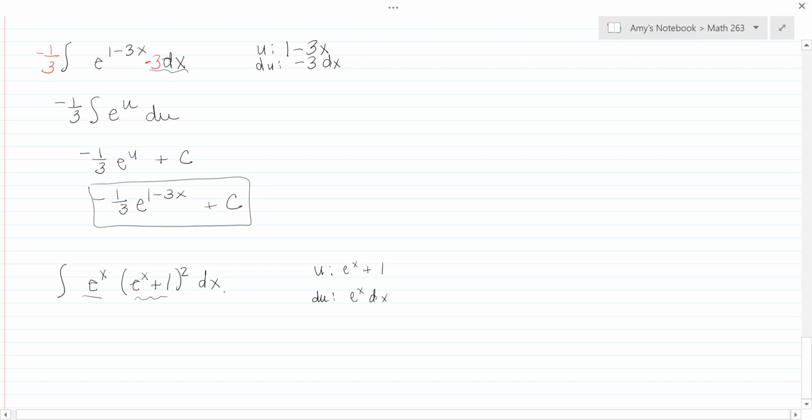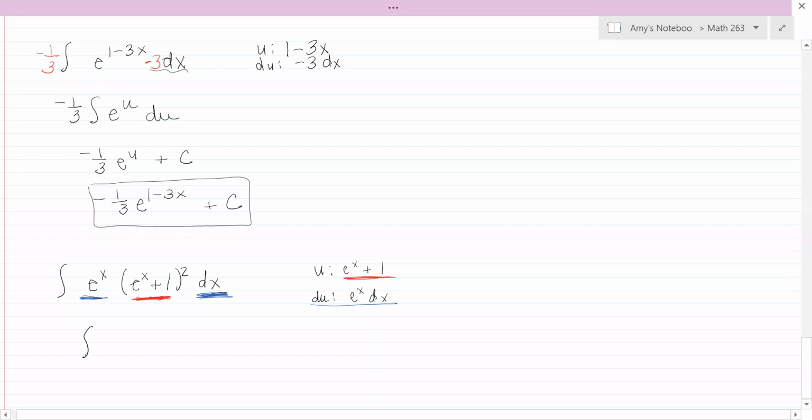Well, e to the x dx matches your du. Let's color code it here. So this becomes u squared du.